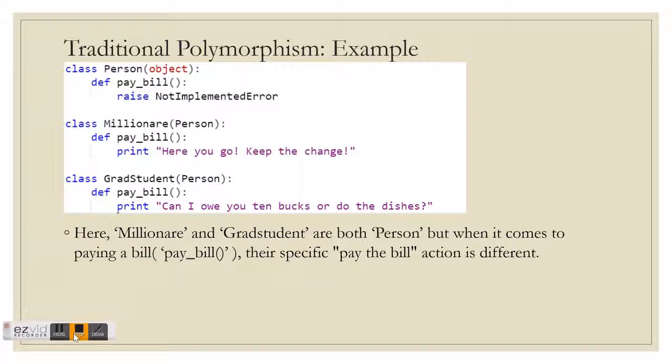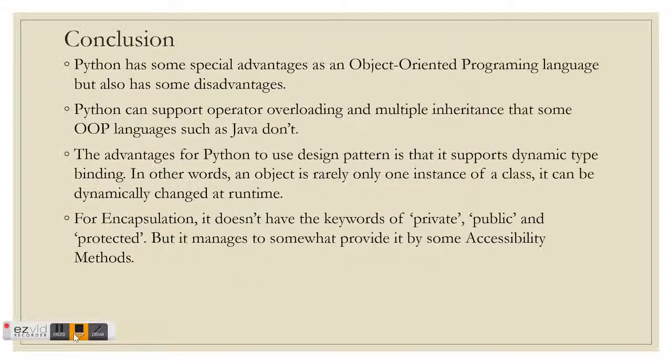I will not use the names Millionaire or GradStudent directly; assume that the objects defined on these classes have the names. So I'm using the same method on the same type of objects, but I'm getting different responses. That is polymorphism.